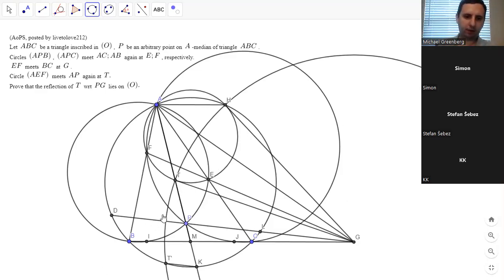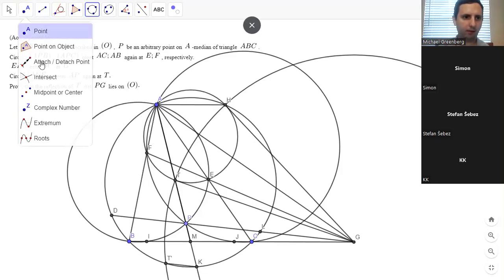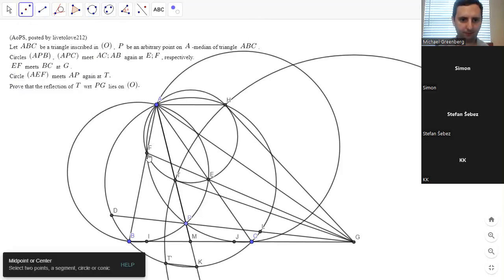I feel like there's got to be some trick to show. I really want to use the power ratio lemma, but I'm not sure exactly how. What we could do is take the midpoints of BF and CE. So here's a strategy.